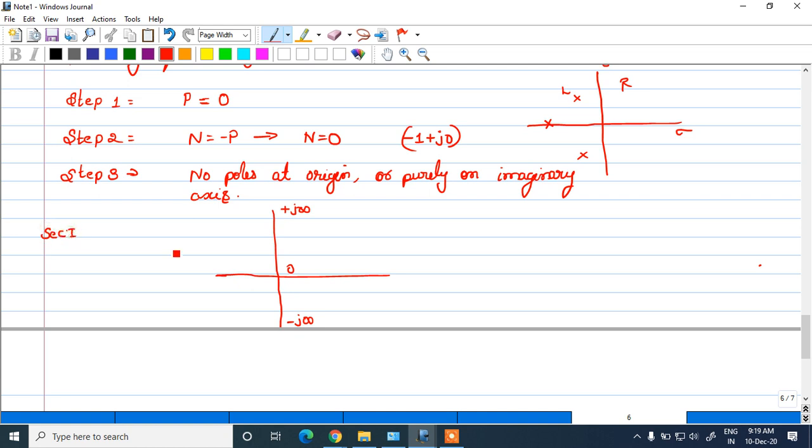Section 1 will be, let me highlight, from plus j infinity to 0. That is section 1, and section 2 will be, can anyone tell me the section 2?